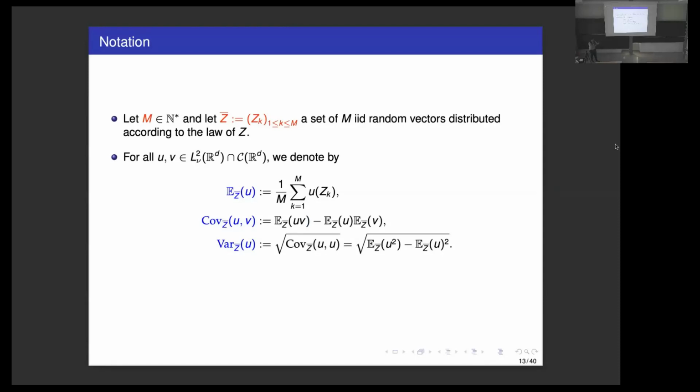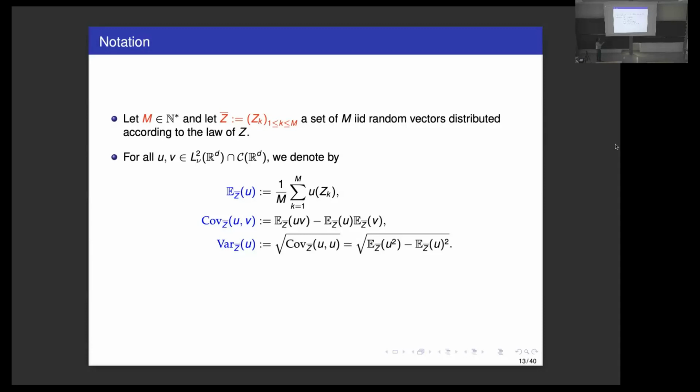Okay, I need to introduce a few more notations. Here n will be a positive integer, and in the following, Z bar will denote a set of n random variables that are identically and independently distributed according to the law of Z, so according to mu. And here I'm going to introduce notations that refer to empirical means, empirical variance, and empirical covariance, which are defined as follows.